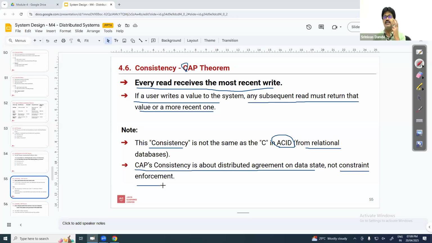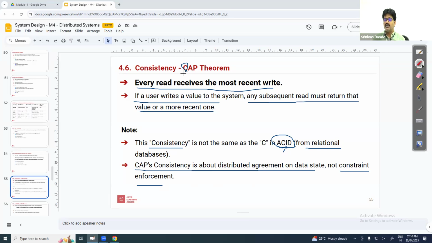In ACID, the state should be consistent by enforcing the rules. Just revise it again, but remember: C in the CAP and C in the ACID are not the same. These two consistencies are not the same.